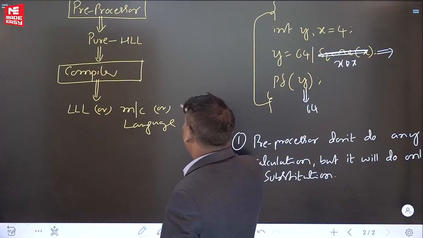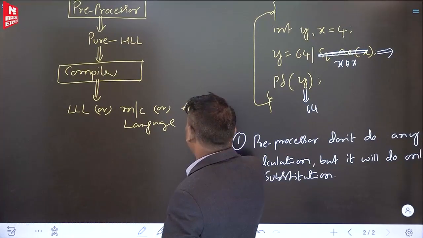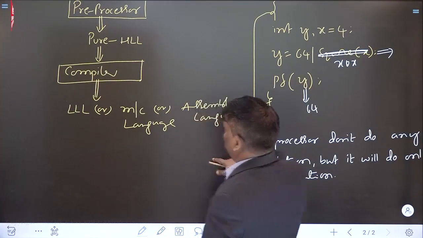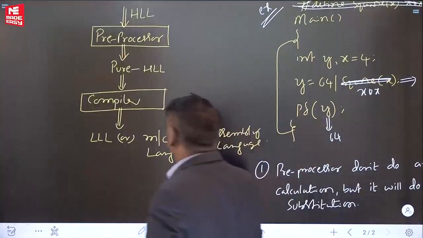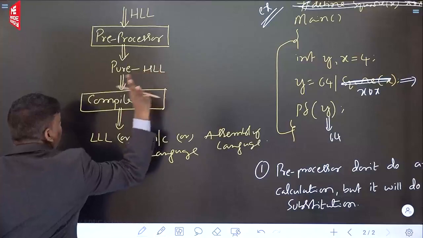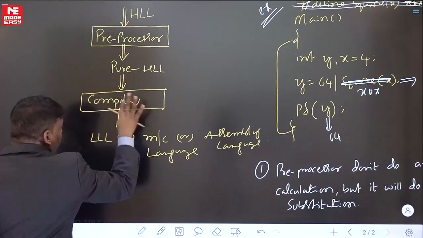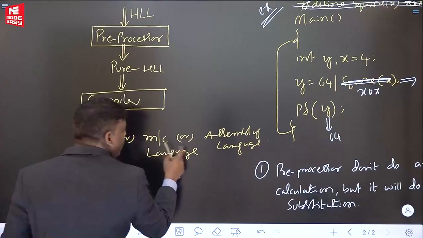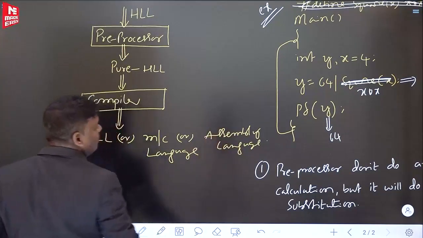Another name is assembly language. When I say compile, first the preprocessor gives output as pure high-level language. That is the input to the compiler. Compiler output is going to be low-level language, which is also called machine language, which is also called assembly language. Everyone knows that.